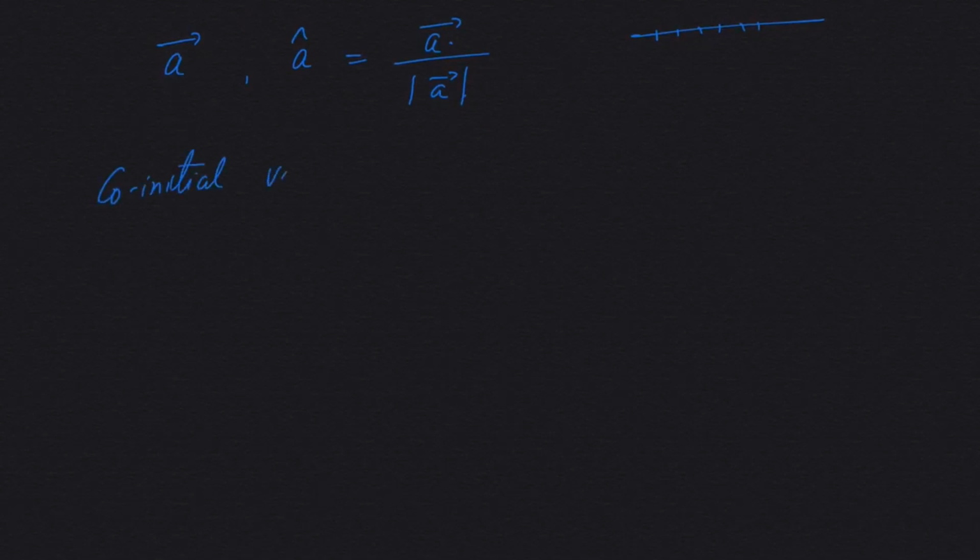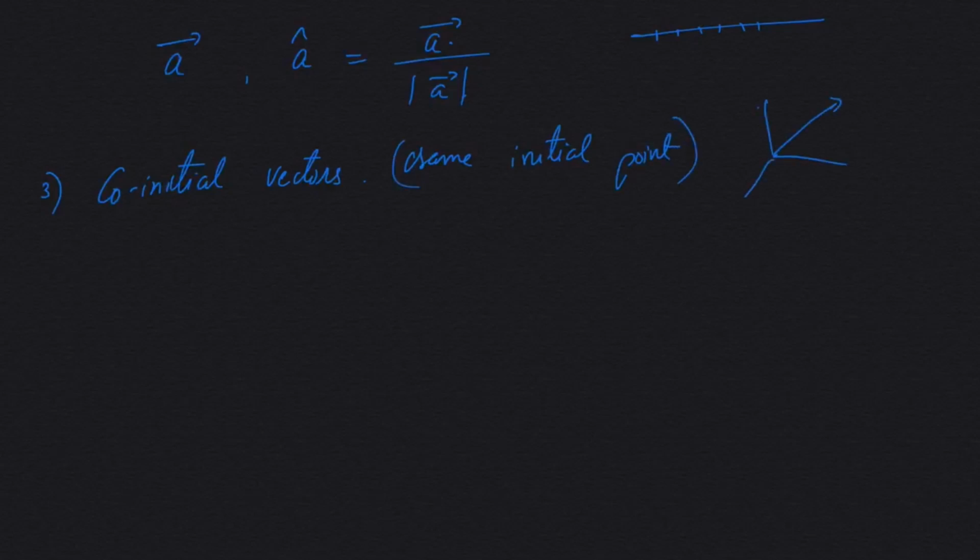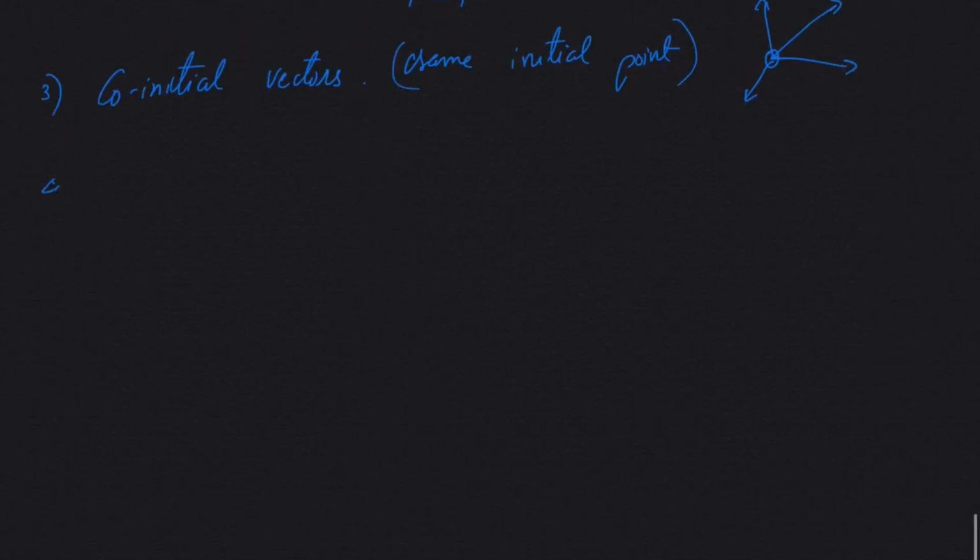Now next, co-initial vectors. Co-initial vectors are those vectors which have the same initial point. Like for example, this is the initial point, vectors which have the same initial point. Next, equal vectors. That's quite simple.